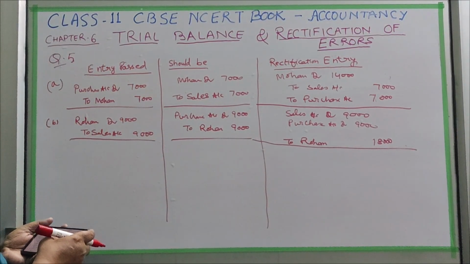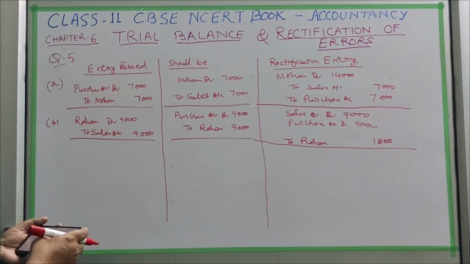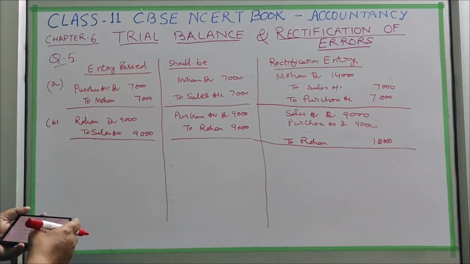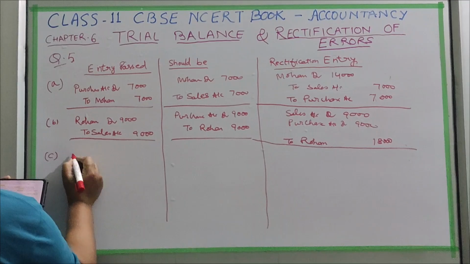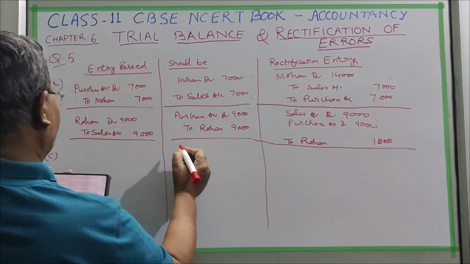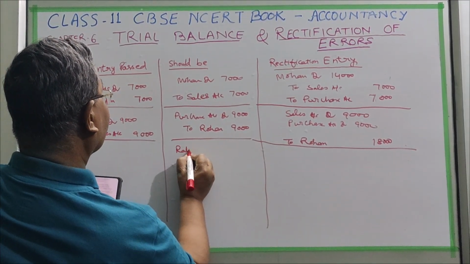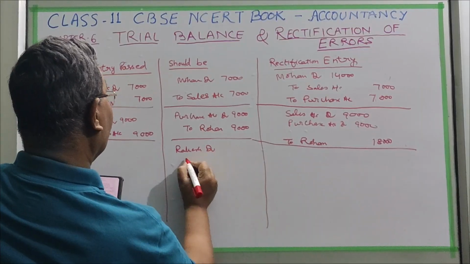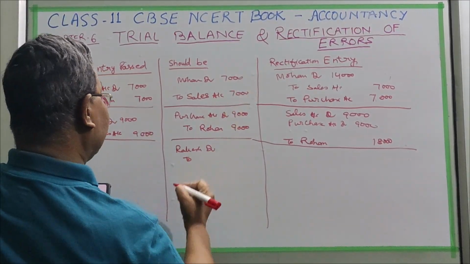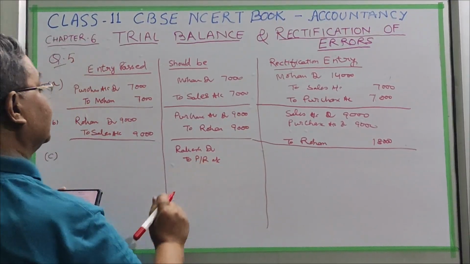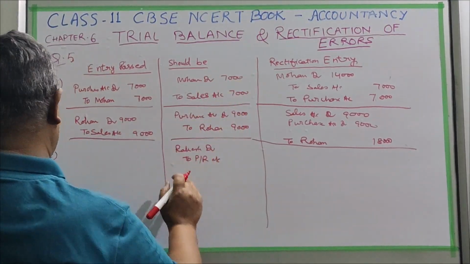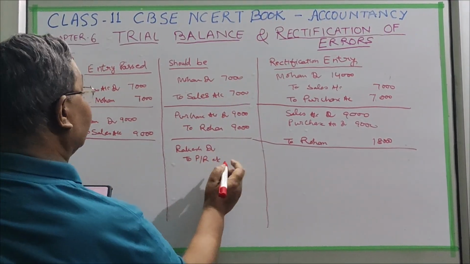Third, C: goods returned to Rakesh 4,000 was recorded in sales return. Goods returned to Rakesh means Rakesh debit to purchase return account. Whatever you have purchased, those goods you have now sent back.